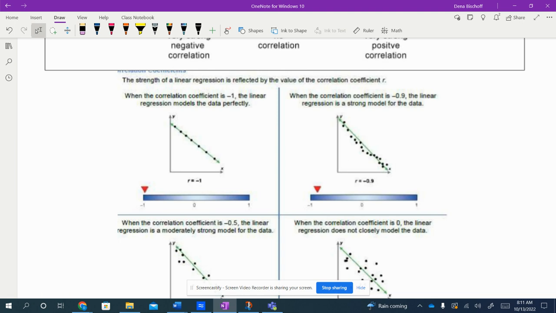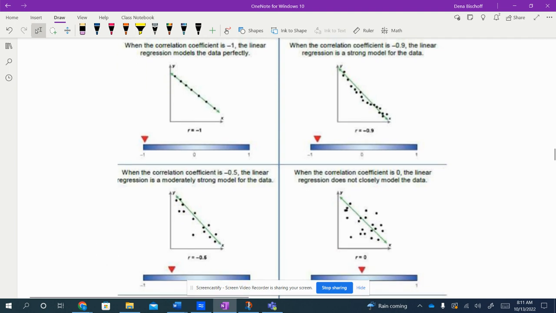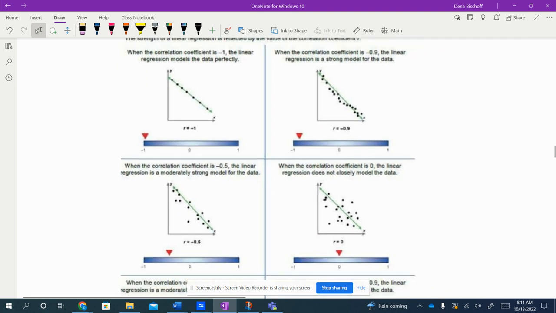in Desmos. It says the strength of a linear regression is reflected by the value of the correlation coefficient. Much like in our warm-up, you can see that the first one has basically negative correlation, but I can literally put a ruler up there and connect all the points. So that has a correlation of -1.